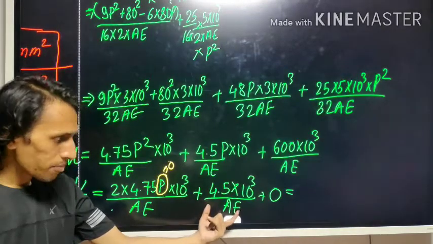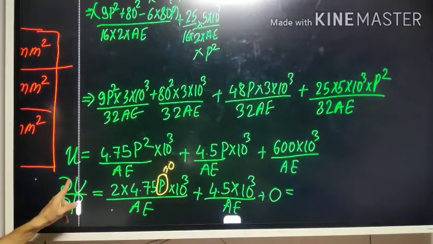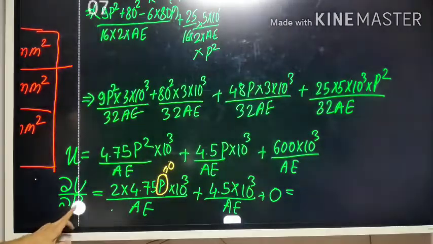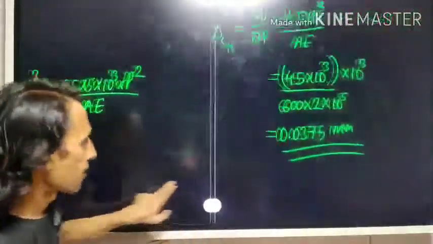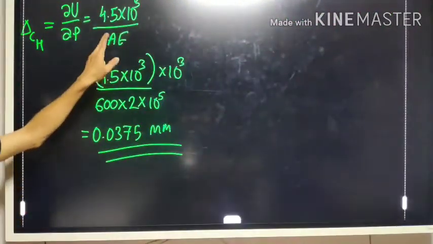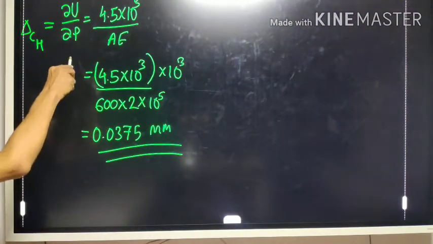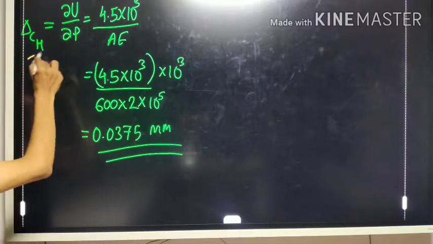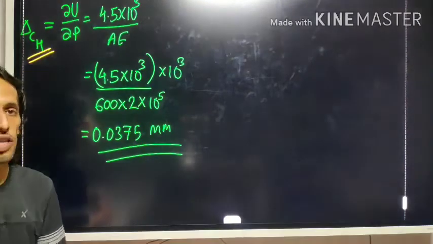So this term will basically give you dU by dP, which is nothing but the deflection at C in the horizontal direction.